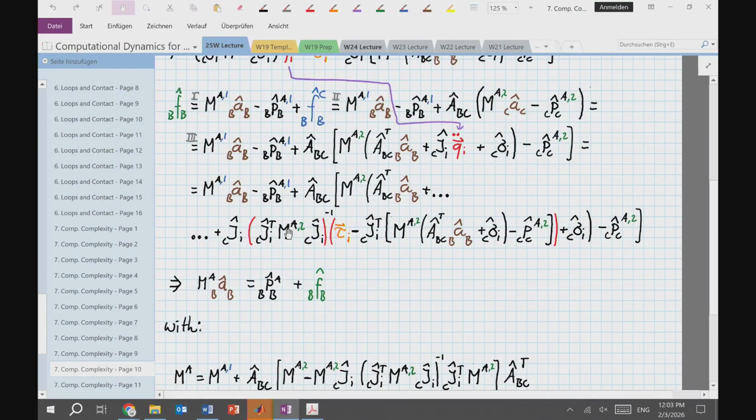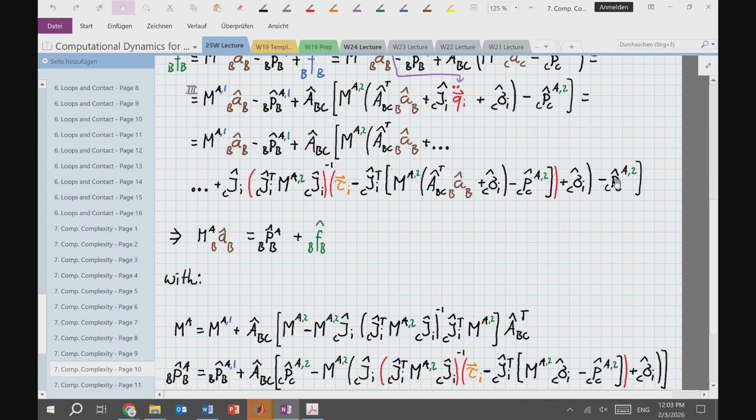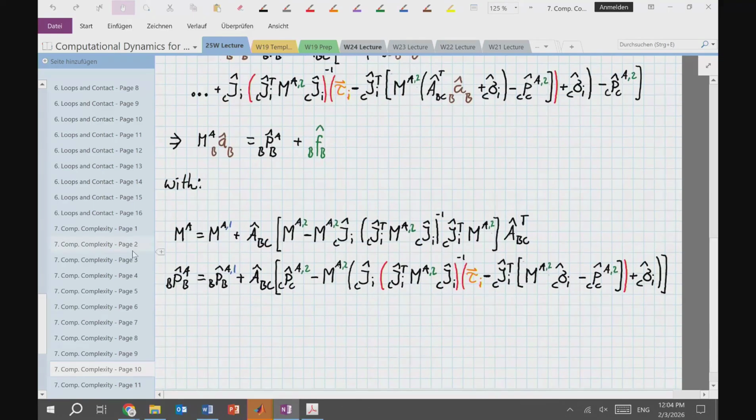And then everything else depends either on velocities or on this tau, sometimes implicitly, right? Because I have these bias forces which depend on velocities, and taus, I have these bias accelerations which depend on velocities. But all of this I can put together into a bias force, right?